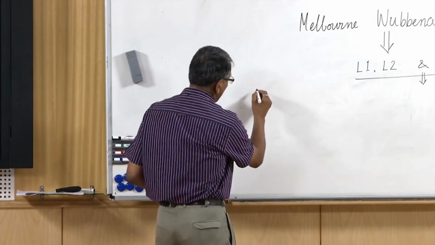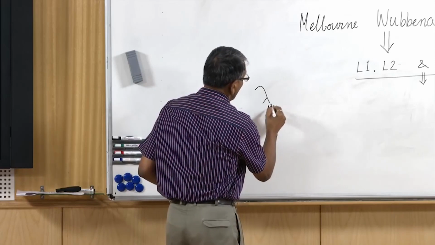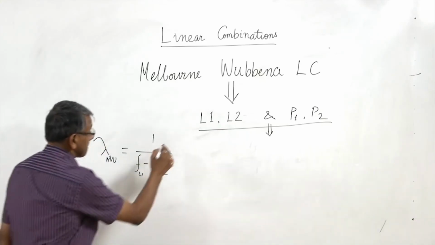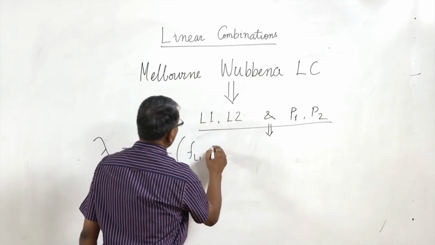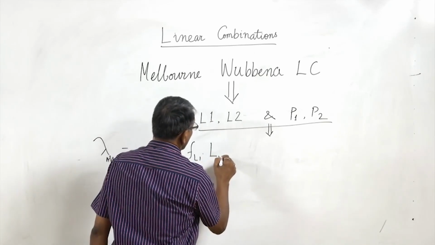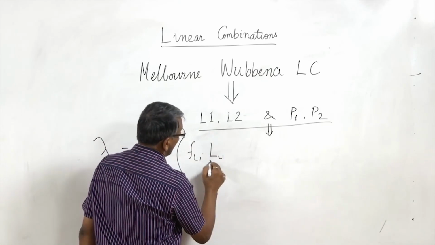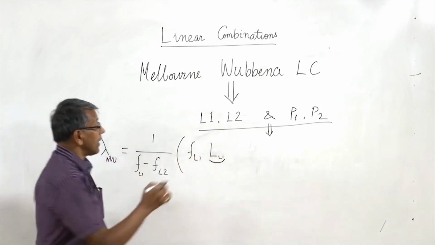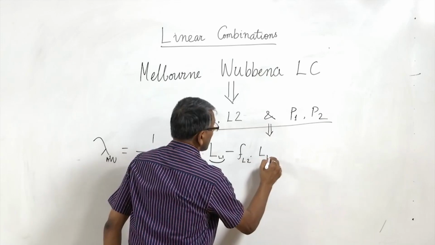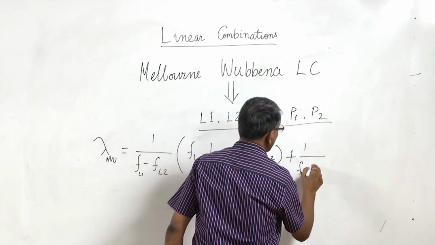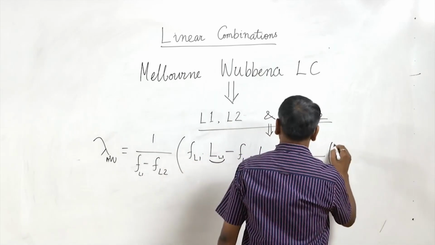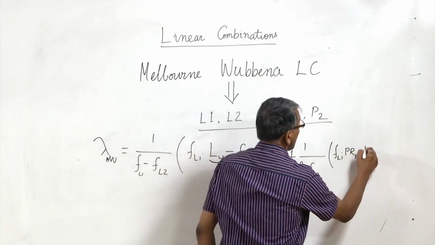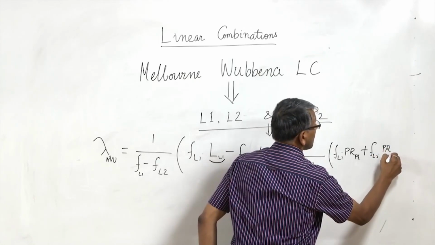Now the wavelength of the Melbourne-Urbana is like this: 1 by FL1 minus FL2, multiplied by L1, I will use the symbol L1, that means the carrier phase observable of the signal L1, plus 1 by FL1 plus 1 by FL2, multiplied by the pseudo range PR1 of the code P1, where PR means pseudo range, and the pseudo range P2.